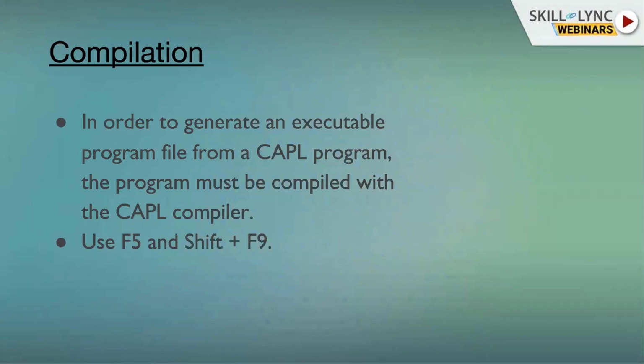Once you press F5 and Shift plus F9, it will compile the code. If you get any error, it will throw the error in the error window. Using that, you can see how to correct the errors and recompile your CAPL. Once you compile it, you need to start the CANalyzer, and then only the CAPL will work. If there is any compiler error, the CAPL program will not allow you to run the CANalyzer.